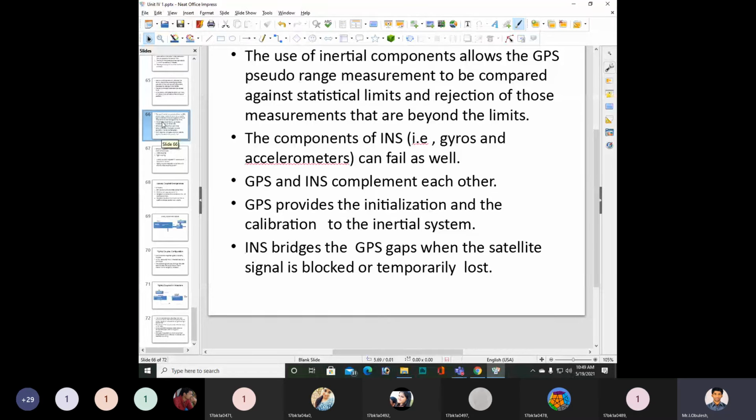The global positioning system provides the initialization and the calibration to the inertial system.